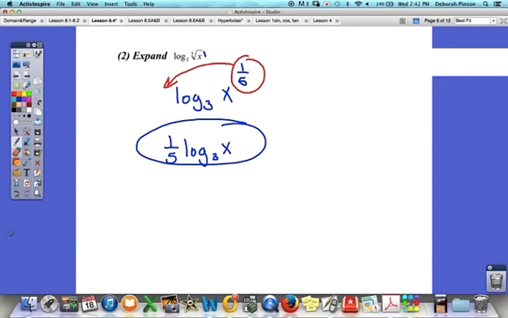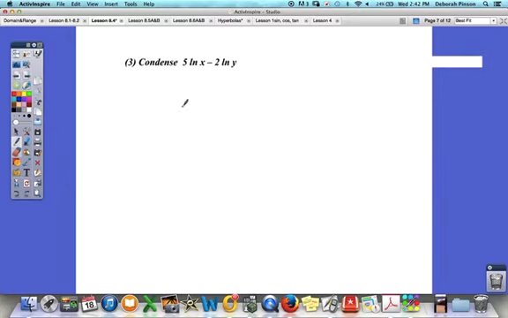Okay, now before we move on to our last rule, which we're going to use the calculator a little bit for, I want us to just look at a couple more of these where we're doing a combination of a couple of rules. All right, so on this one, we are condensing. Now I want you to notice two things.